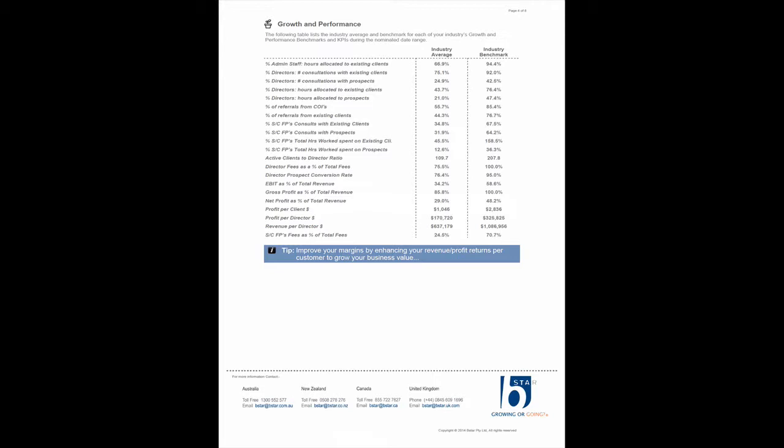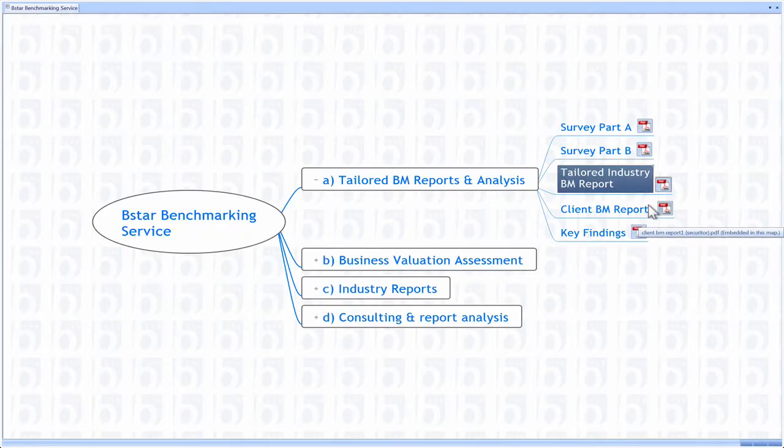Likewise, we collect information on growth and performance, and the idea being that you're able to see what the benchmarking firms are doing in terms of performance ratios compared to the average performing firms.